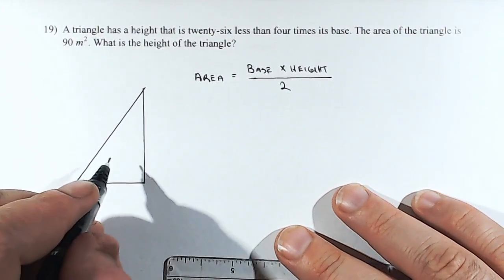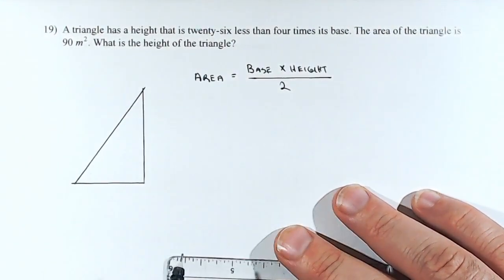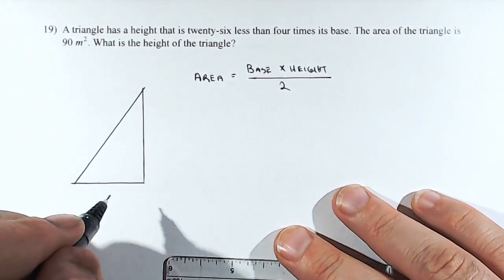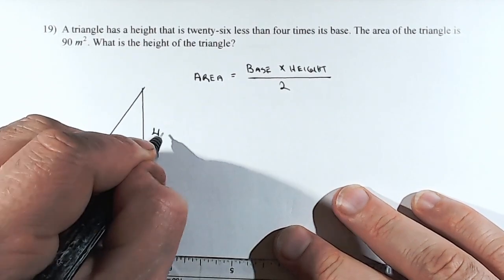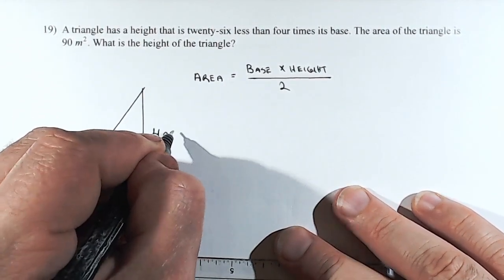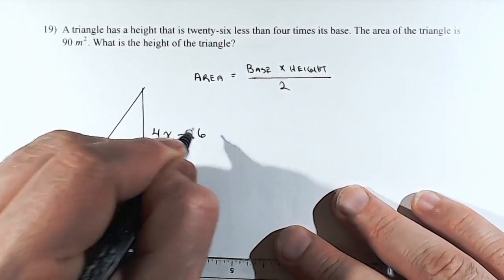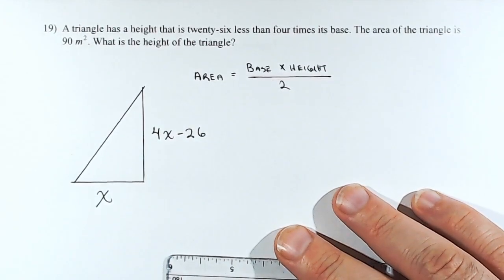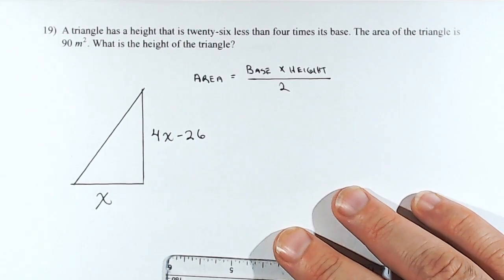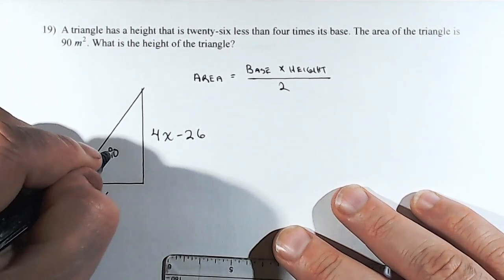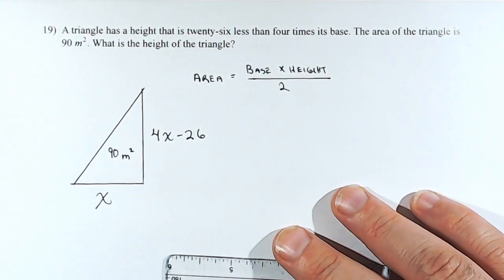Now, a triangle has a height that is 26 less than 4 times its base. So if its base is x, then that would be 4x minus 26. Okay? So base times height divided by 2 has to be the area, and we know that the total area is 90 square meters. All right?